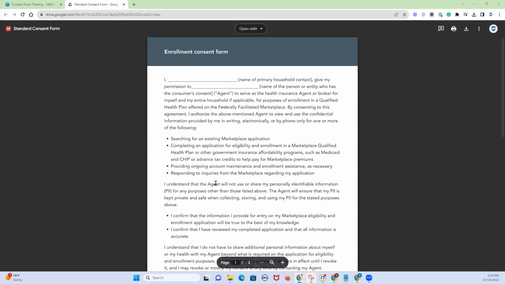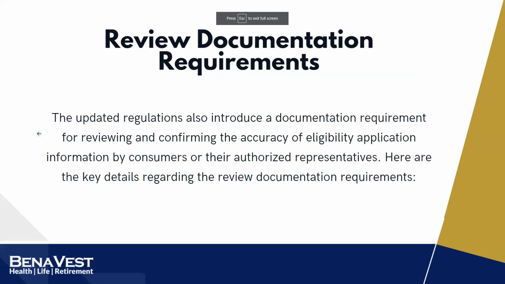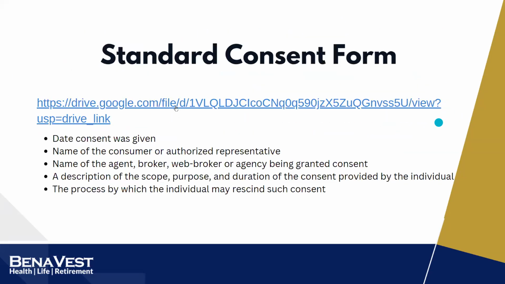And then this goes over all of the information that is required of the consent. So this first part here, clear description of the scope, purpose, and duration of the consent. Okay, let me go back to that form.